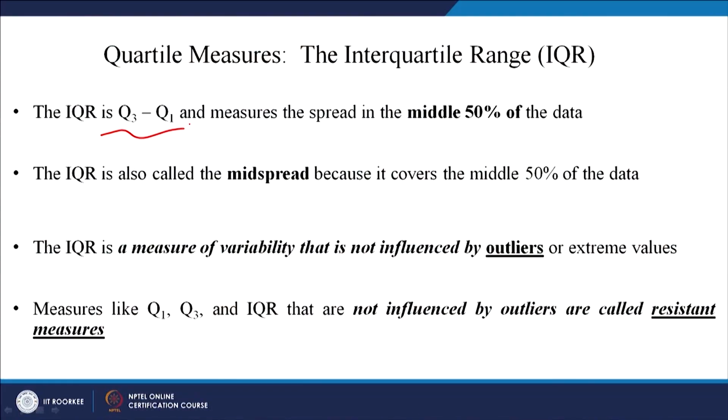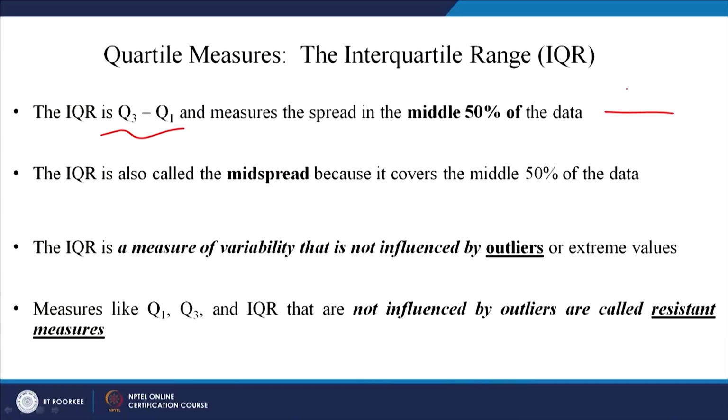Now, one of the important measures of dispersion is range. Though range is not a good measure, because it takes into account the maximum and minimum value, there is something called interquartile range. Interquartile range can be calculated like this. It is the difference Q3 minus Q1.